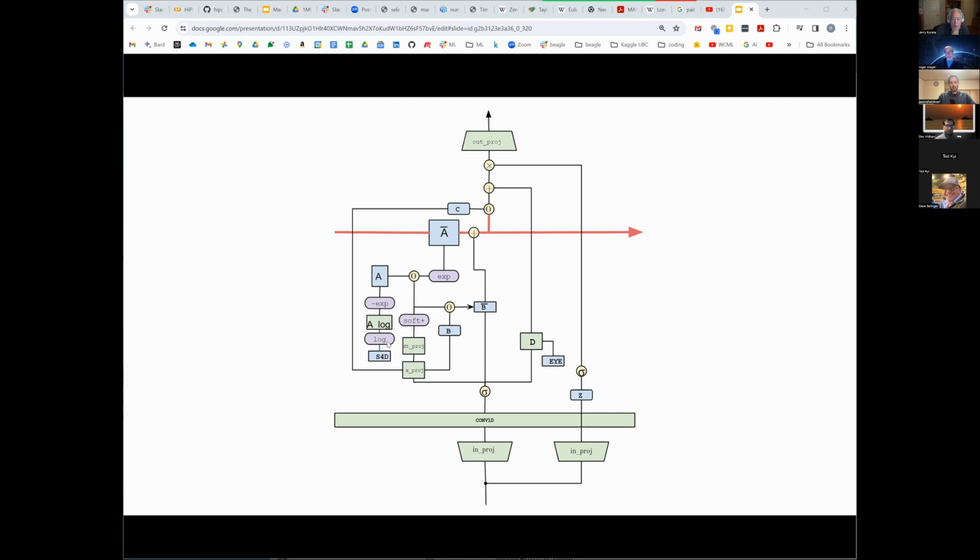So what they'll do is they'll set the parameter in the log space, and then take the e to the x, the exponential function of that, at runtime. That guarantees that it's going to be a positive number from 0 to infinity. A log is unconstrained. It can be any value. The exp of A log will always be positive, and in this case they actually want it always negative, so they take the negative of that. That then becomes the A. So this is the continuous domain A.